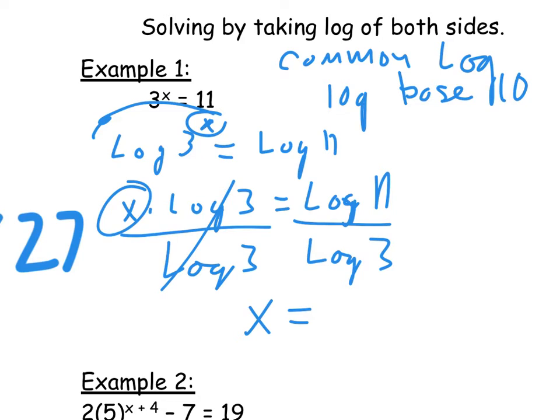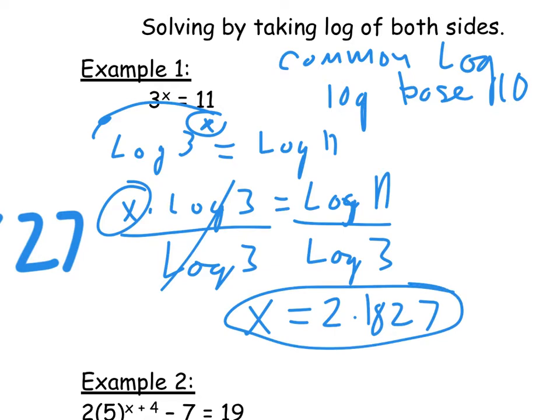finish off those parentheses, and then divide by, we're going to go in that function button and just get the common log again of 3. 3 is the base, so it goes on the bottom basically, and then x equals 2.1827 again. It's the same thing.